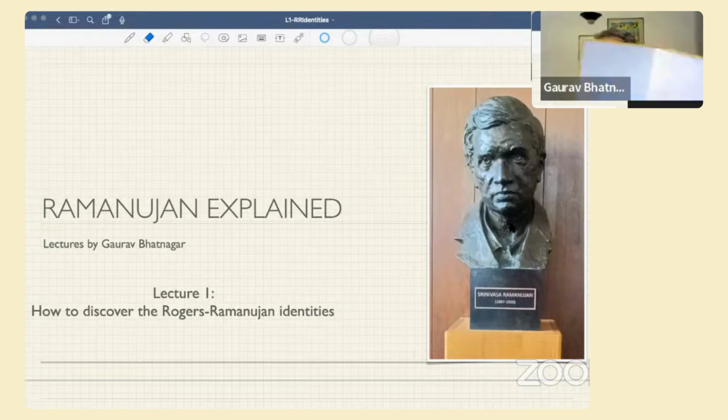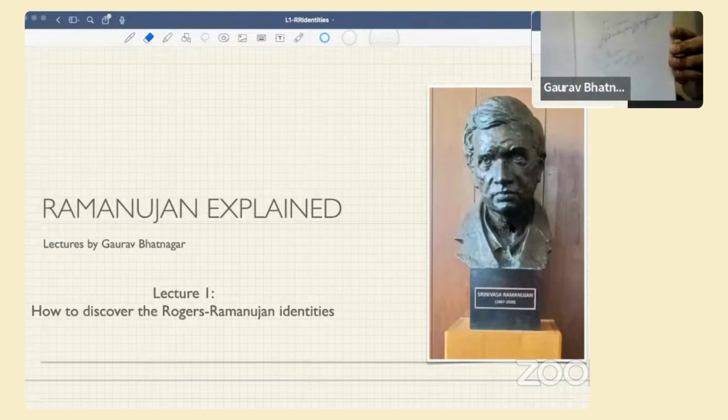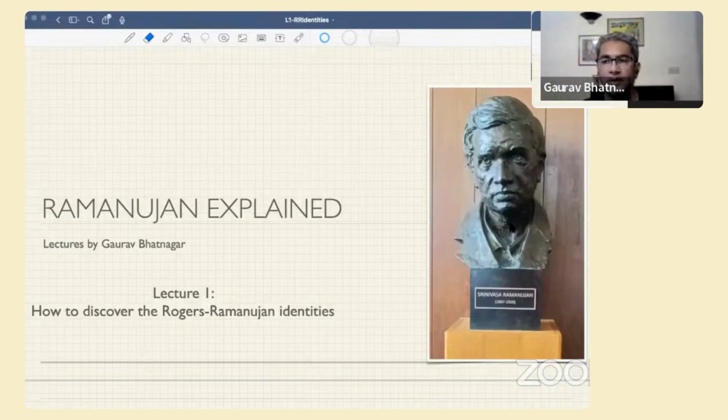And this one is a special copy, because it's an autographed copy by the authors.